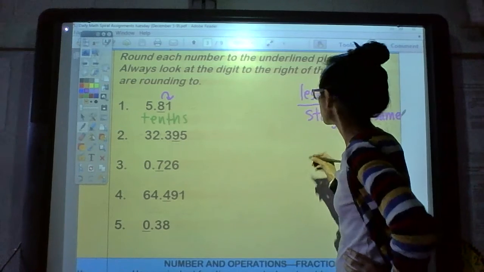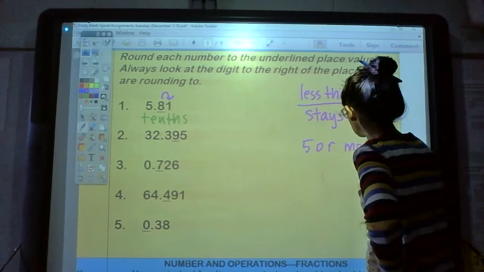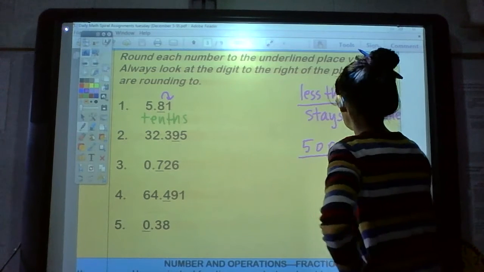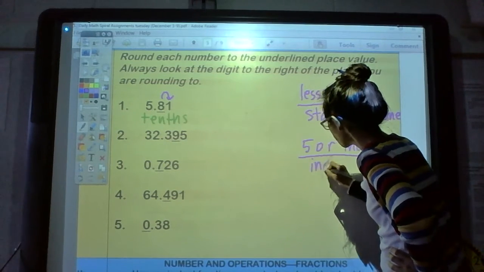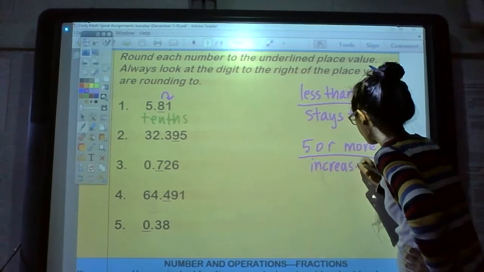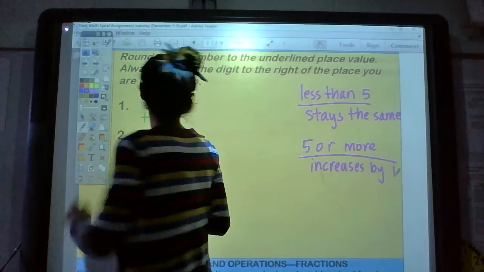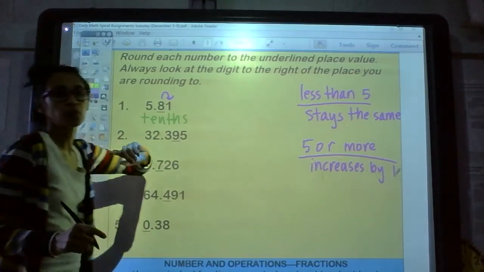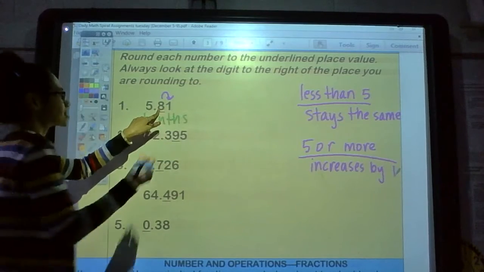Now, what if it is 5 or more? It increases by 1. So look at that 1. Is that less than 5 or 5 or more? It's less than 5, so that 8 stays the same.